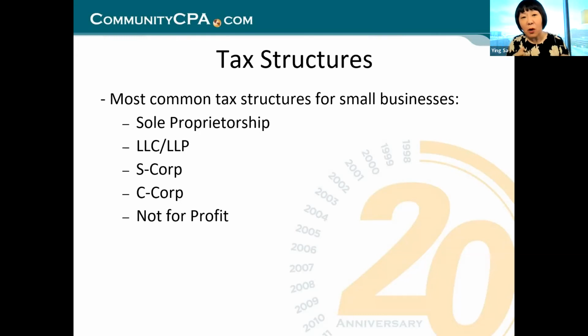When you have this partnership, what do you do? The partnership is where the complexity comes in. Some partners are working partners, and some partners are just investing. The tax treatment of the working partners is exactly the same as a sole proprietorship, so from a tax standpoint, that doesn't save you, okay?